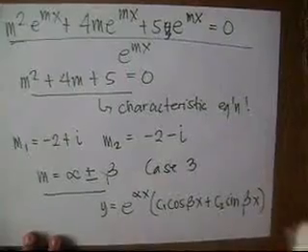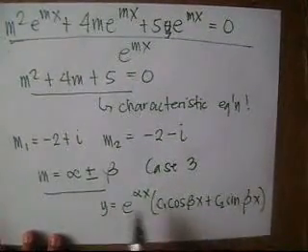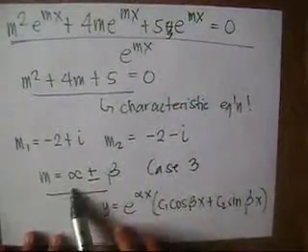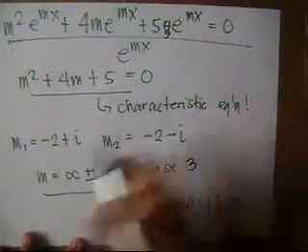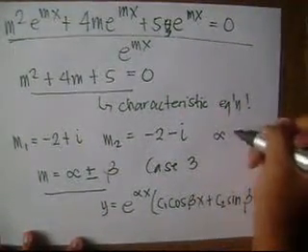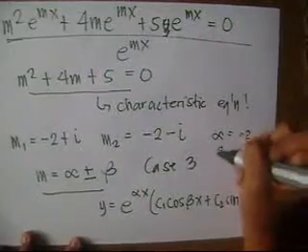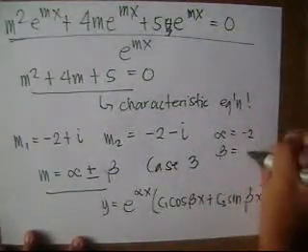Now, we substitute the values. By looking at this, alpha is -2 while beta is 1.